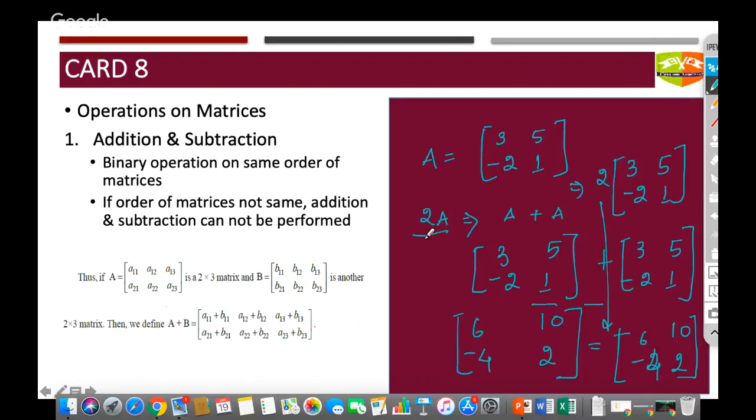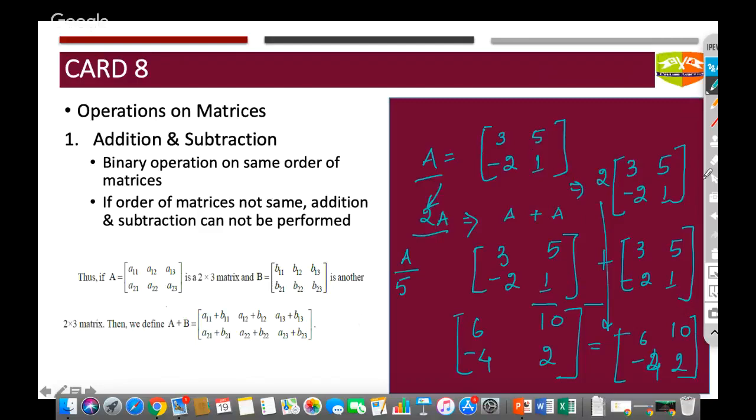So a scalar product means whenever a matrix is multiplied by a constant, you multiply all the elements of the matrix with the same constant. If a matrix is divided by a constant, you divide all the elements of the matrix by the same constant.